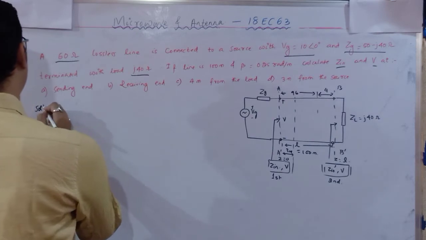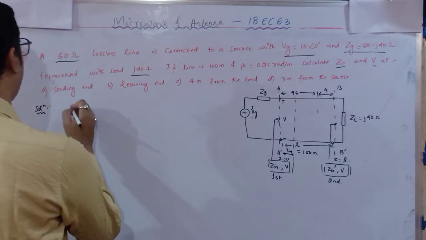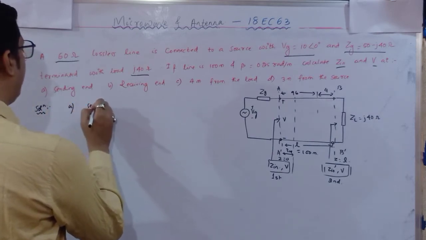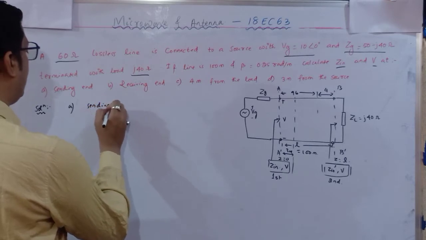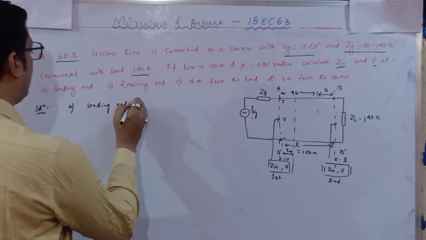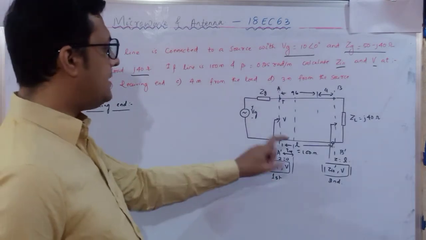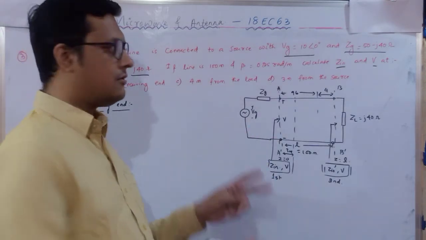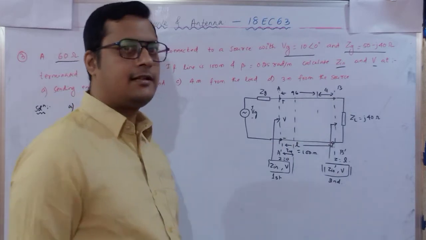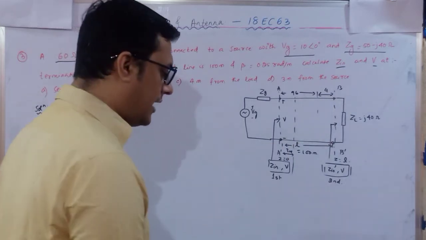So let us consider the first part, A, sending end. Sending end means at Z equals 0. The load is present at a distance of L. So how to calculate?